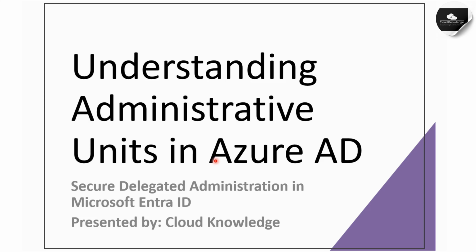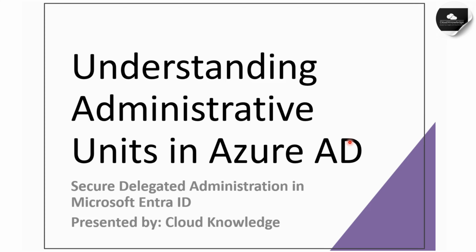If you are working with identity management, IT administration, or cloud architecture for your corporate environment, and you want to secure admin tasks without giving full directory access, full Entra ID access, the most powerful thing is the administrative unit.